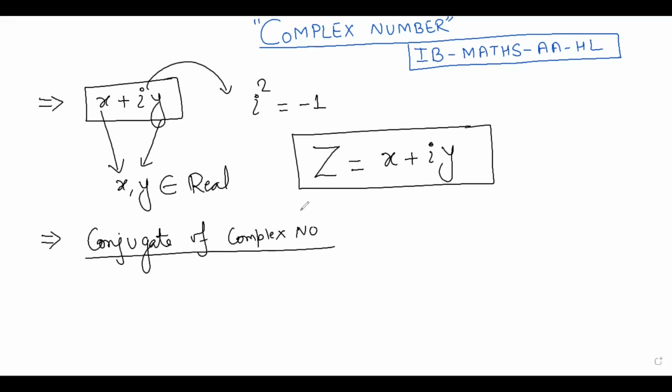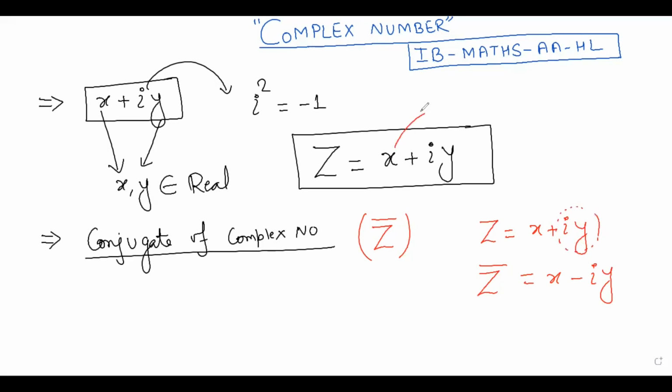First of all, how do we represent this? The conjugate of a complex number is represented by z bar, and what is it? If z is x plus iy, then its conjugate will be x minus iy. What we have to do is complement the sign of its imaginary part.